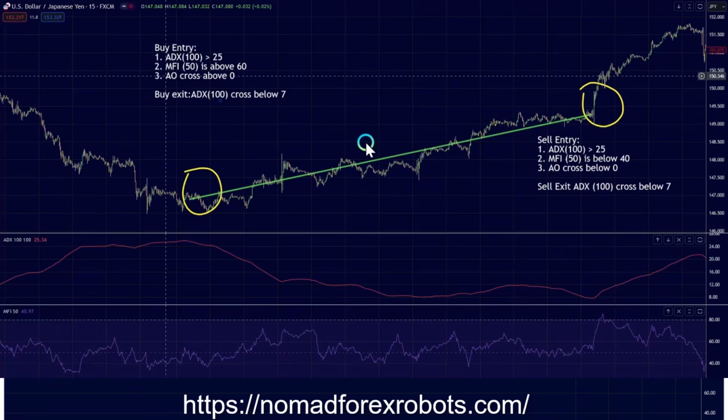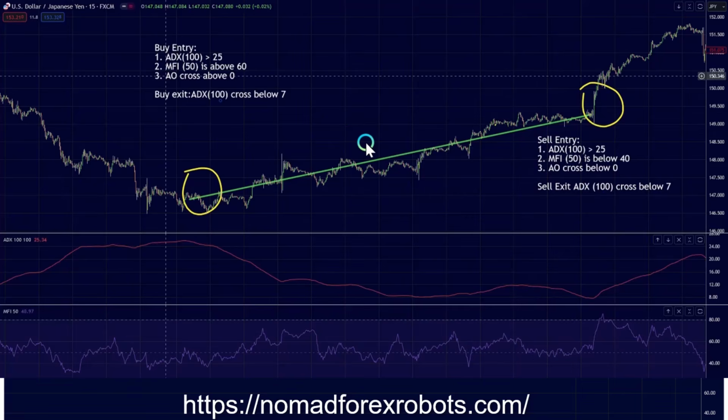The second condition is when the 50 period MFI, the new indicator, is above 60. And our trigger point is when the awesome oscillator crosses above 0. When these 2 confirmation indicators have fulfilled their roles and the trigger happened, so the awesome oscillator crossed above 0, we take a buy trade.